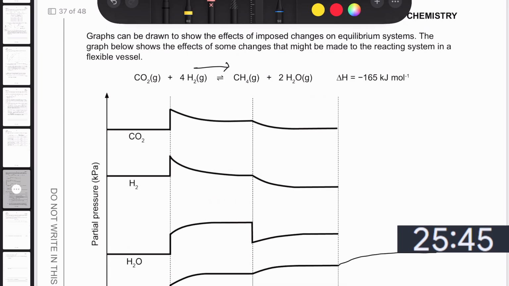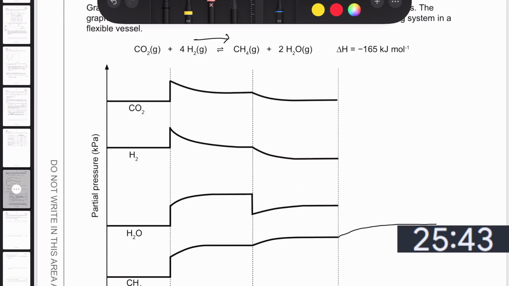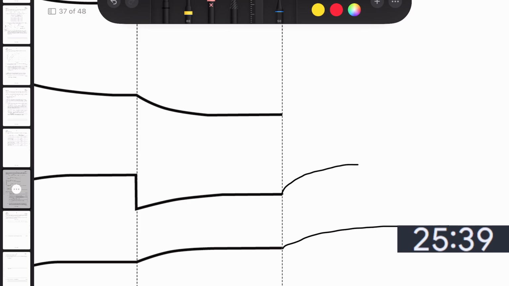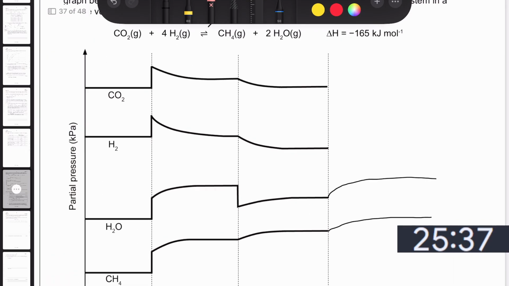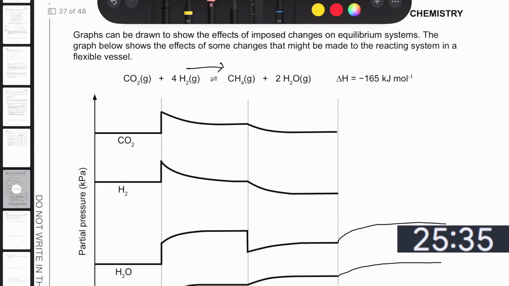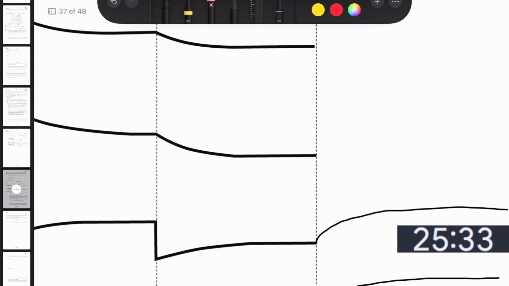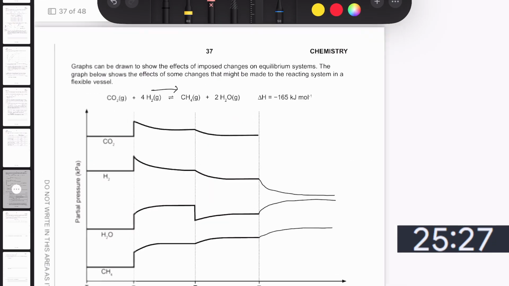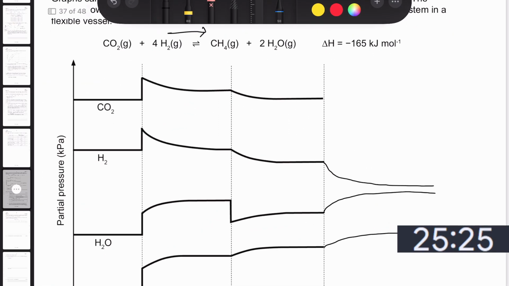That means my H2O is going to increase by double the amount. My H2 is going to decrease by a lot. And then my CO2 will decrease by the same amount.